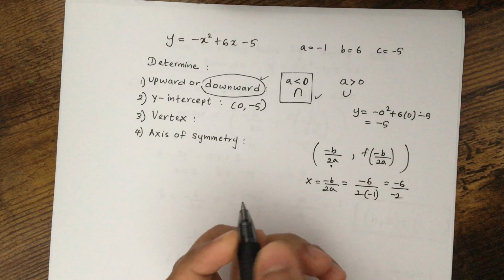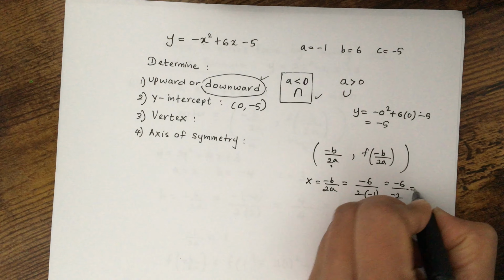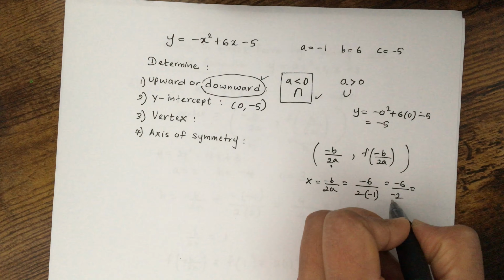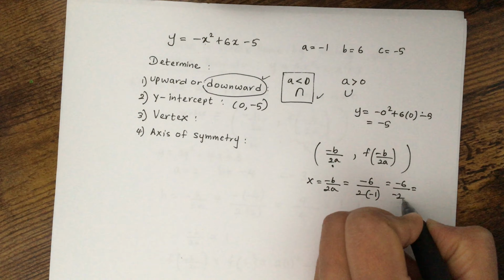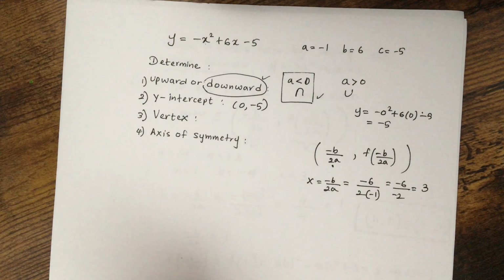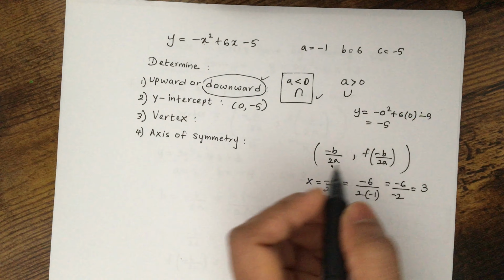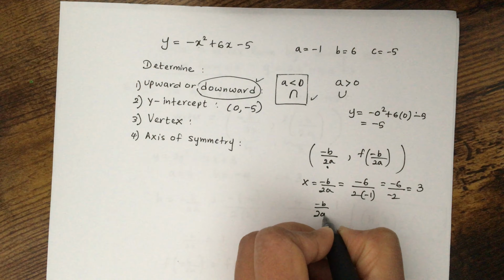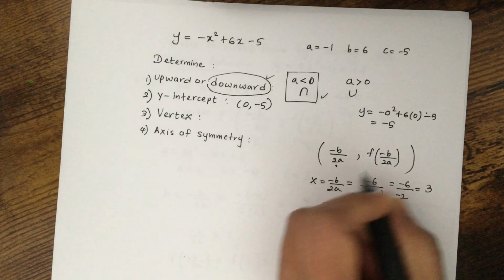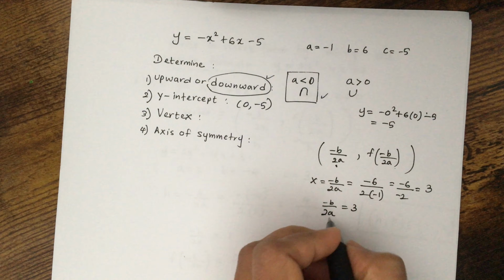Negative divided by negative is positive. 6 divided by 2 is 3, right? Positive 3. So this value, -b/2a, equals 3.